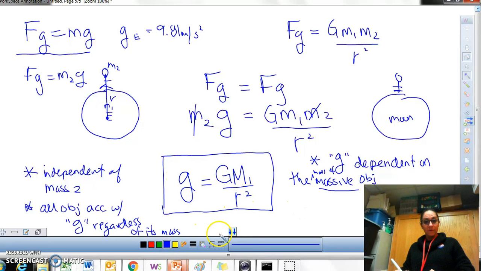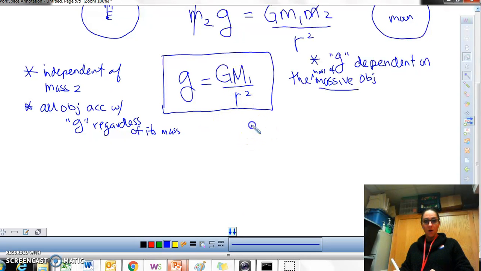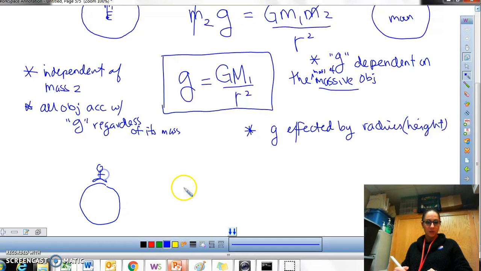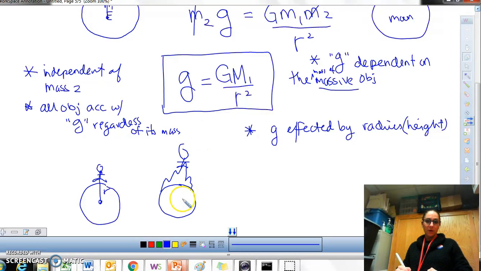g is also affected by height, right? So r. Well, I'm going to use the word radius, but it's also affected by height. Quite technically, if I put a person here on Earth on the surface, and we look at r from here to here, and I put a person on the biggest ridiculous mountain right here, that's a bigger r.